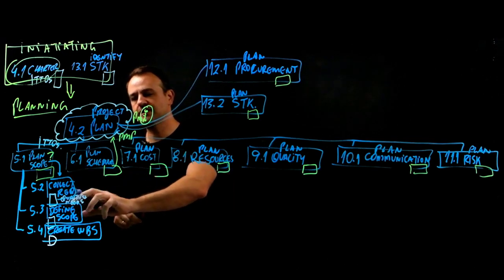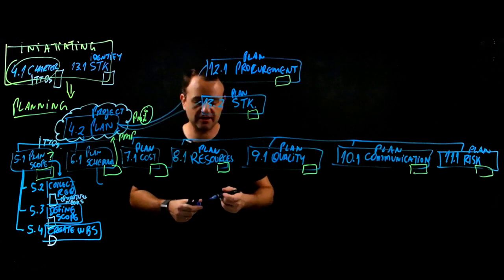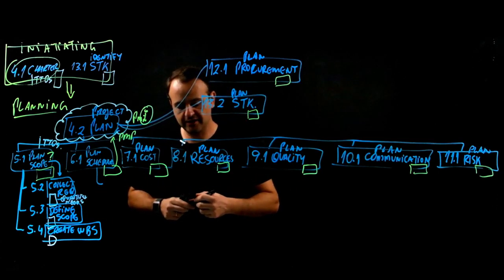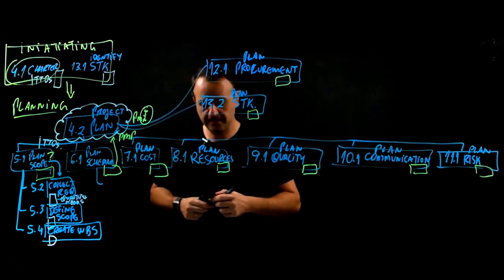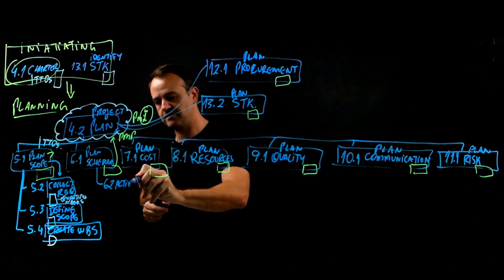So as we're doing this, probably we're doing the other activities or the other processes related to the schedule. Once we have the schedule plan where we identify the tools, techniques, and everything we need, then we are going to define activities. So 6.2 here, activities. What are activities? Activities are the tasks.